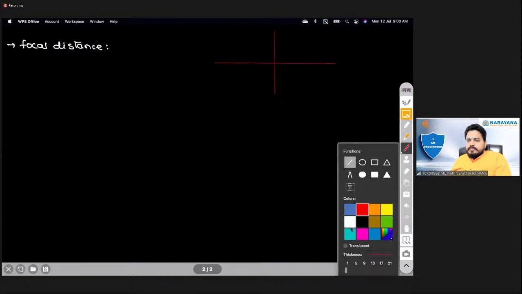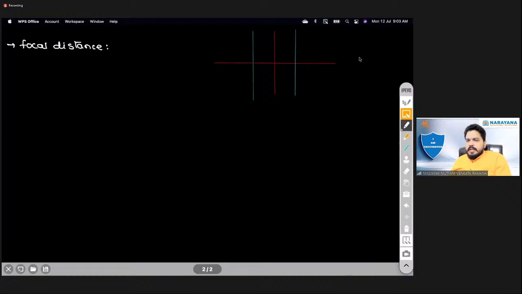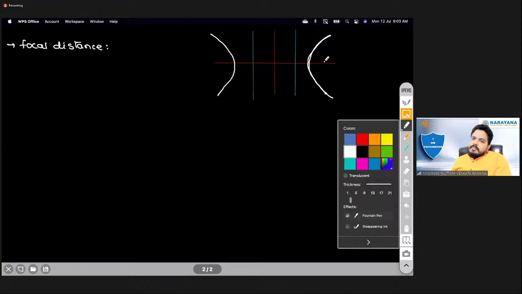So you have the directrix here and the directrix here, and the equation of the hyperbola is here and here. S is here, S dash is here. You need to pair these two only and these two only. You cannot pair this focus with this directrix and the other focus with this one.